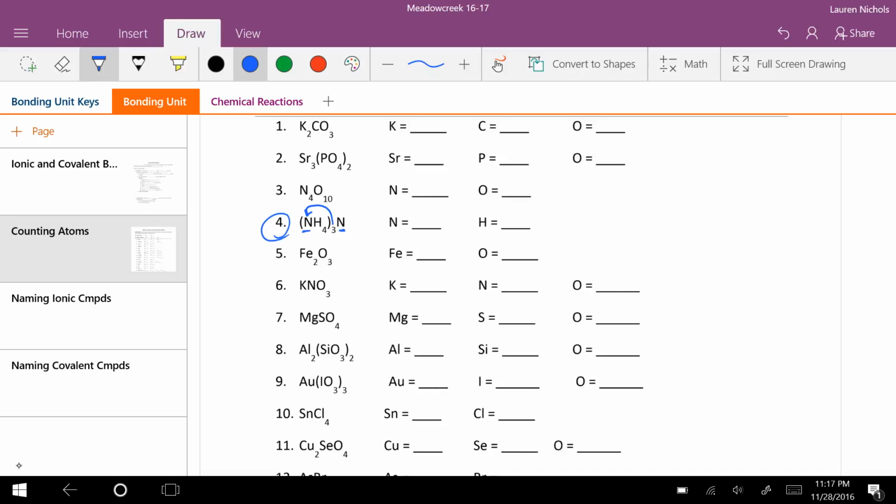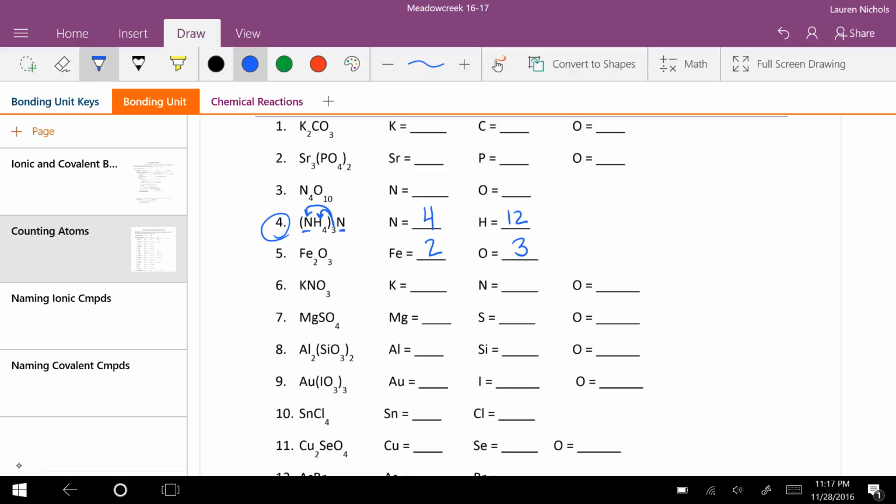And then I also have this 1 nitrogen, so that's actually a total of 4 nitrogens. And then 3 times 4 is going to give me 12 hydrogens, okay? Now, I would continue to practice these on your own, but we can see here that I'll have 2 irons and 3 oxygens, okay?